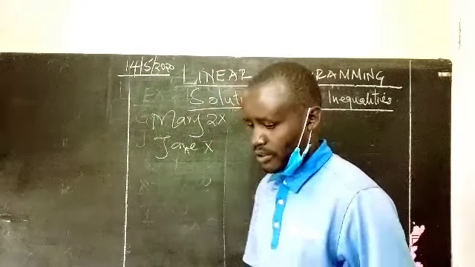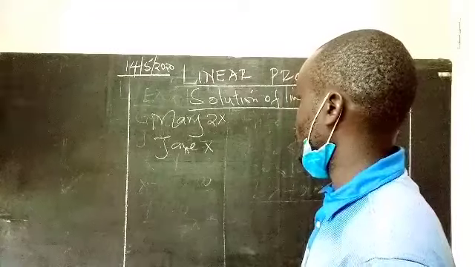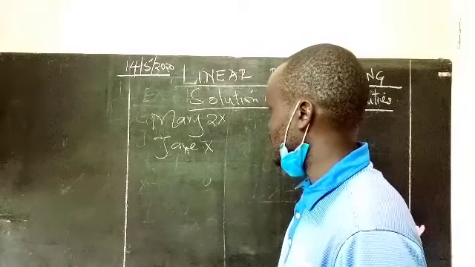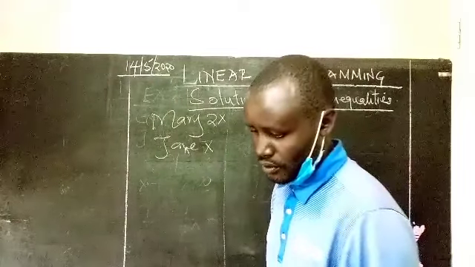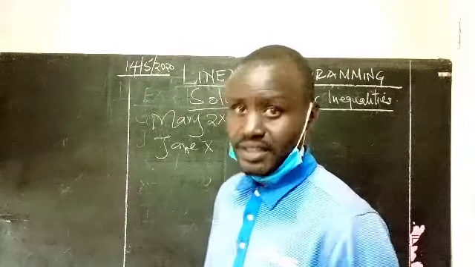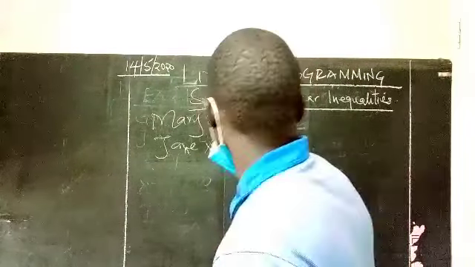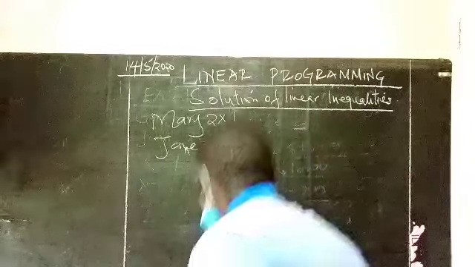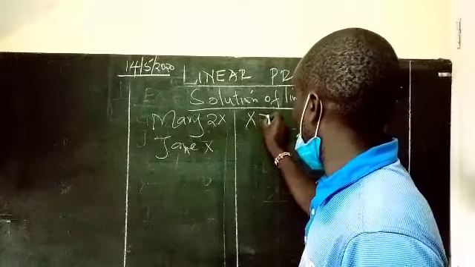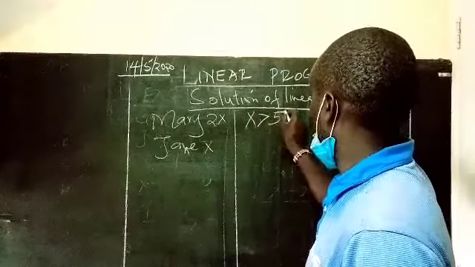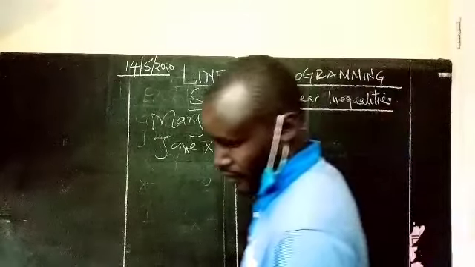So the first one that we are going to look at is that Jane is not less than 5 years. So the first one is, we are going to have X is not less than 5 years.